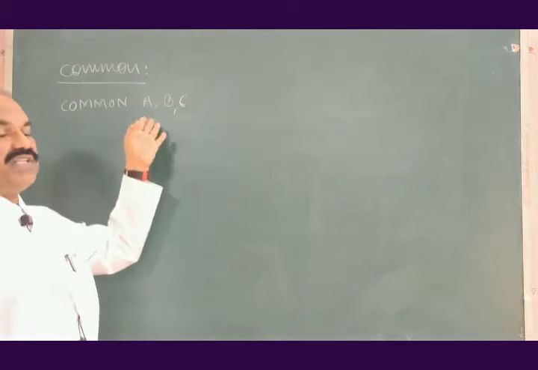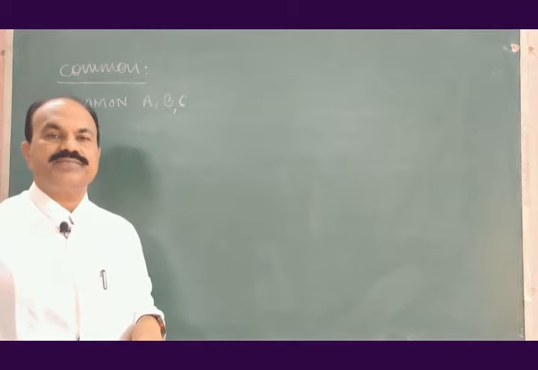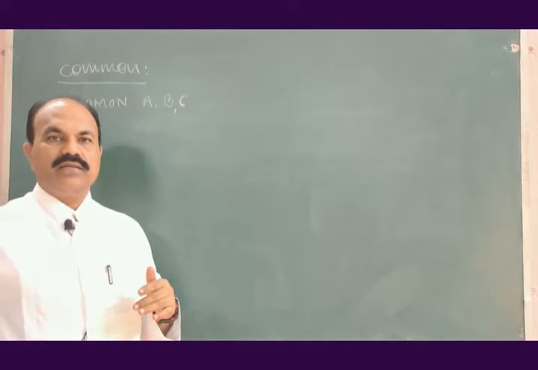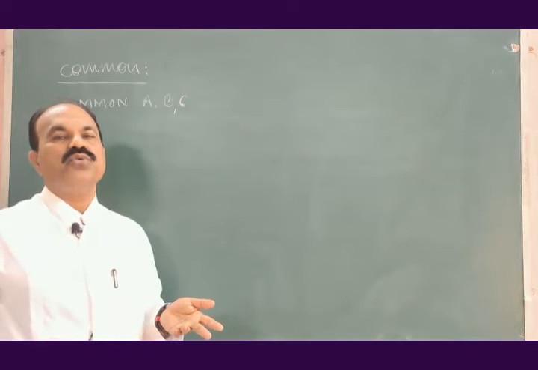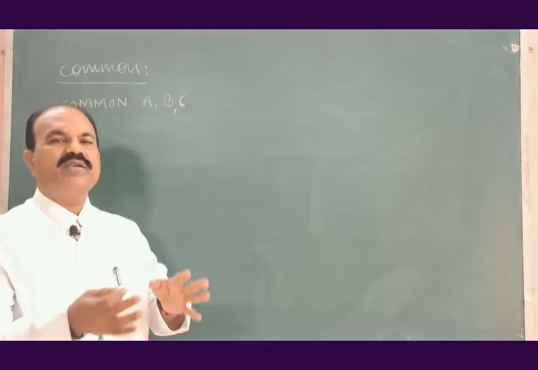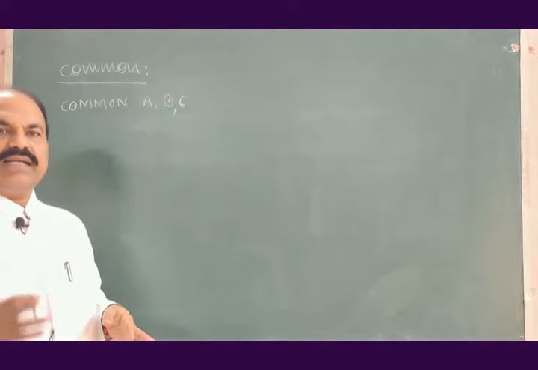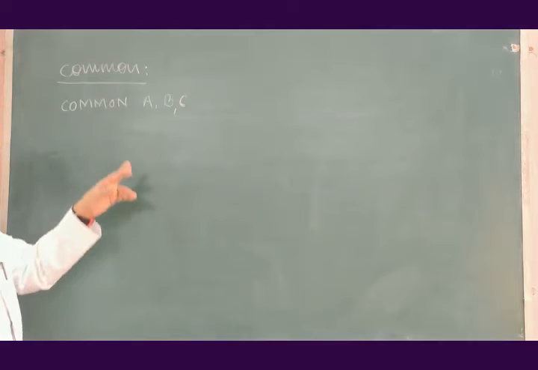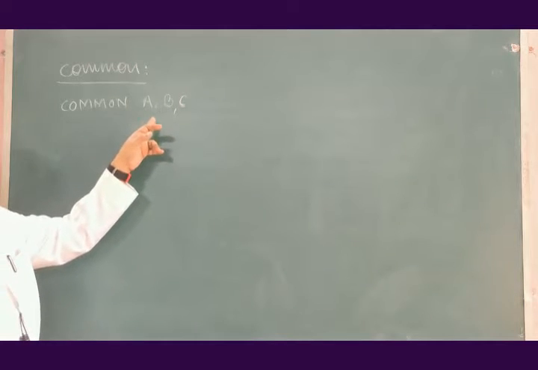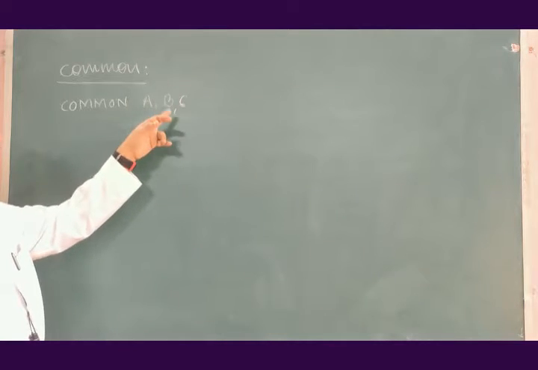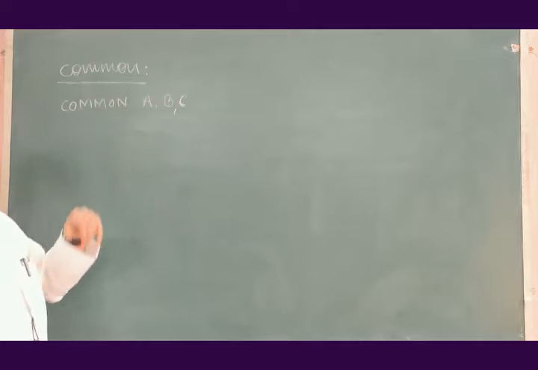The constants which are assigned to the variables A, B, C will be stored in some part of memory, and that part of memory is reserved for the variables A, B, C because of the common statement.